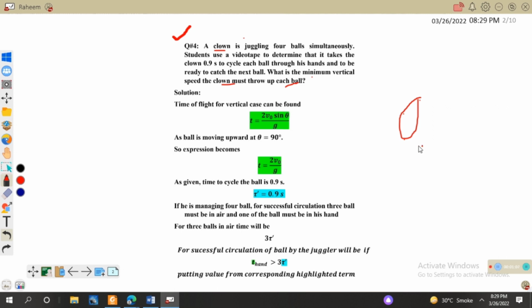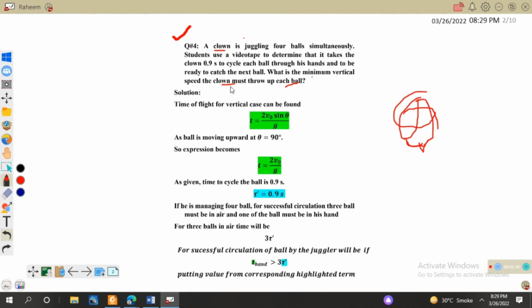When he throws this ball, the other ball at the 4th position comes into his hand, and similarly when he throws the next ball, the third one becomes in his hand. Similarly, at any time 3 balls will be in the air and 1 ball will be in hand. So he maintains the time difference in such a way that all these successful circulations are possible.